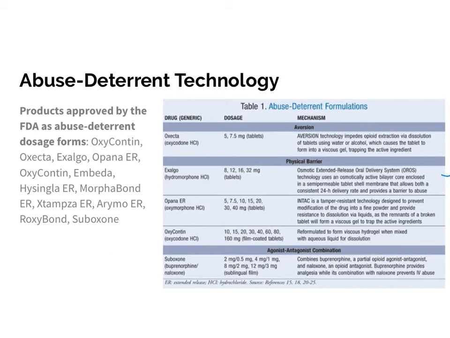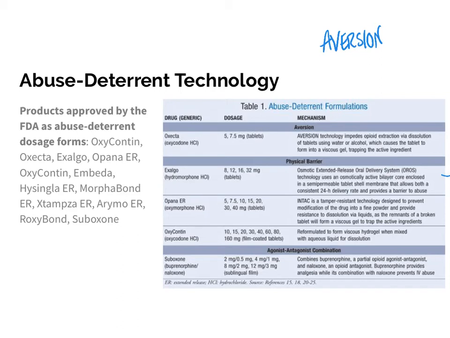One of the first abuse-deterrent formulations that are used now is called aversion technology. What that does is it impedes opioid extraction from a dissolved tablet. What patients would do is they would crush an OxyContin tablet or a number of other types of medications, even non-extended release dosage forms.